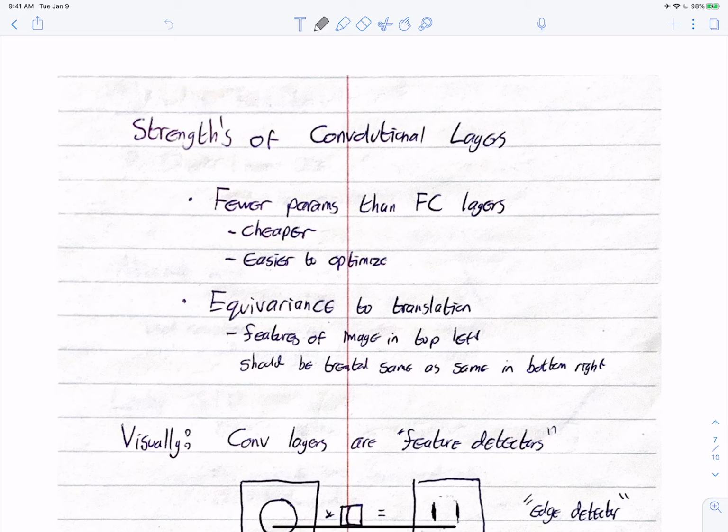If we're building a cat detector and the cat is in this part of the image versus that part, the same properties of a cat should be reflected. Another way of saying this is we shouldn't have to teach the neural network that this blob in this part of the image is a cat, and that the same blob in a different part of the image is also a cat. We can hard code that into the neural network architecture itself via the convolutional layer.